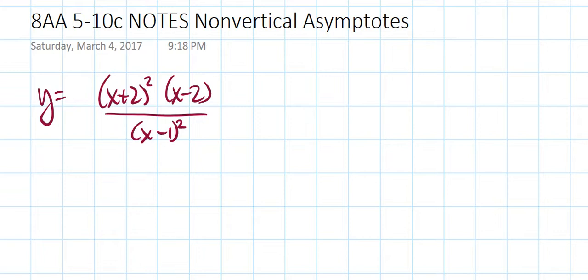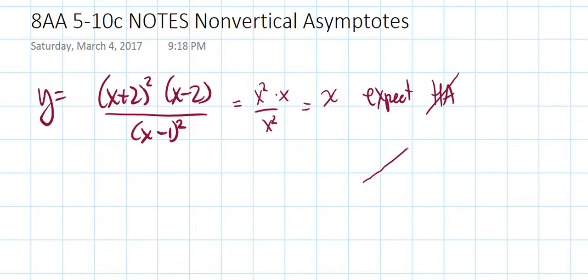Okay, so a couple things that I want us to be aware of. If we look at overall what the gist of this is, it's kind of like an x squared times an x over an x squared. And so the shape of this is going to have an x squared cancel out an x squared. This is kind of like a y equals x graph, which means we should expect the horizontal asymptote to really be a diagonal or slant asymptote.